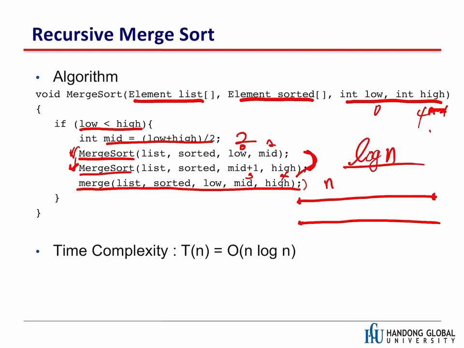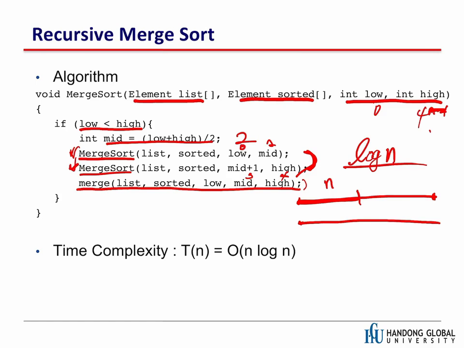Basically, we are calling this log n times. Why is that? Whenever we call, the length of the sublist will be half of before. So it's like a binary search. Whenever we go down, we can have twice as many nodes as before. It's a little opposite, but you know what I mean. Every time it becomes half.